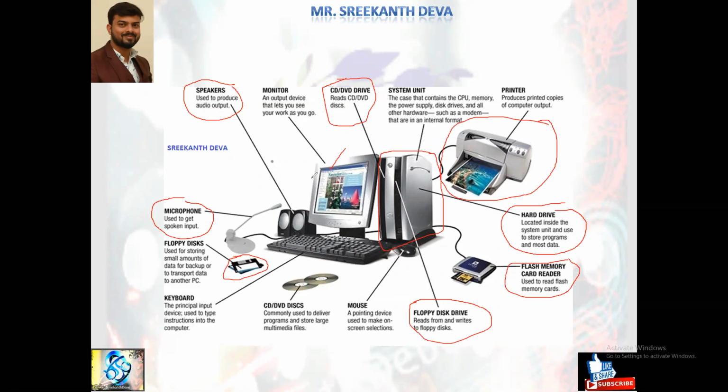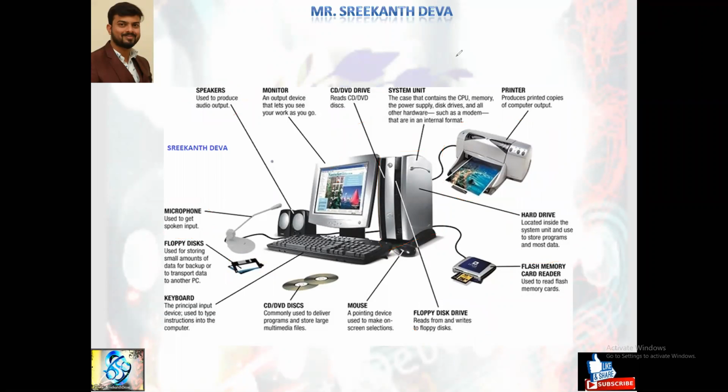Some output devices like printers are there, CD DVD drives are there, flash drives are there, okay. Monitors, different types of monitors you can see in the market, like TFT monitors, LCD monitors, LED monitors, various different types of monitors are available in the market, okay.